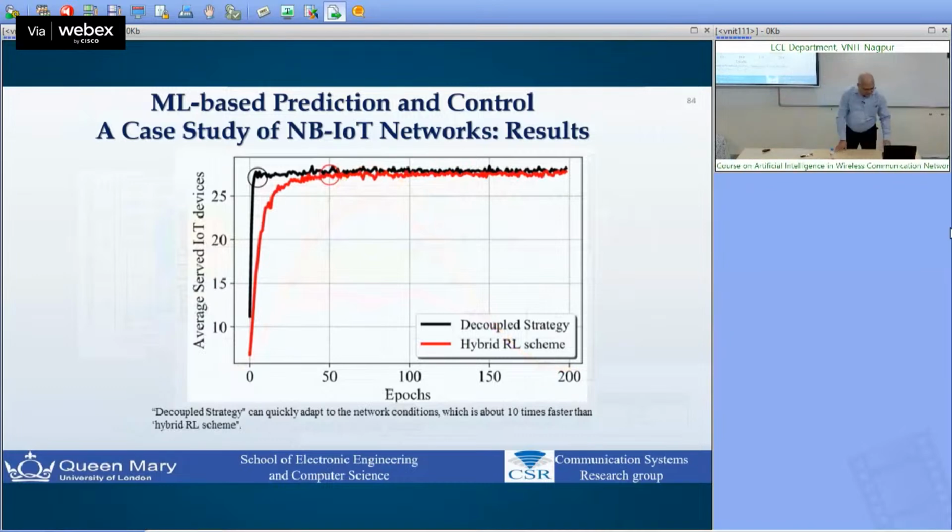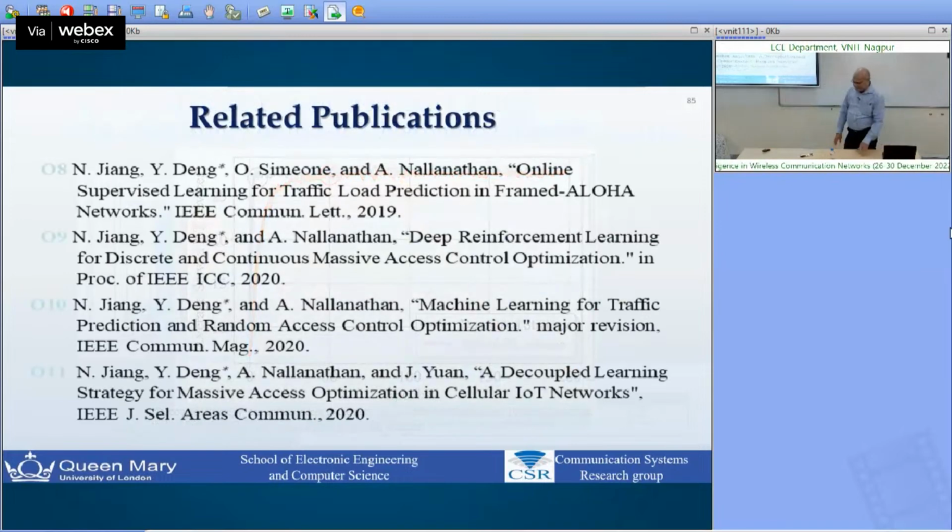If you are interested and want to learn, you can read the papers, because I haven't included all the details here. If I included all the details, I could not finish everything within 10 hours. Those who are interested in working in this specific area can read them.